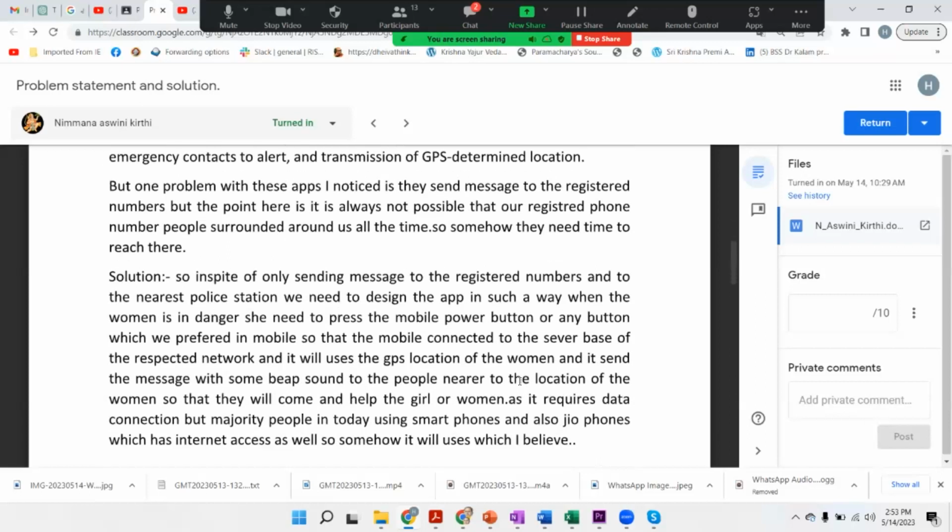But in my analysis, I found one problem with these apps, sir. I noticed that they send messages to the registered numbers. But it is not always possible that our registered contacts are around us all the time. So they need time to reach there.